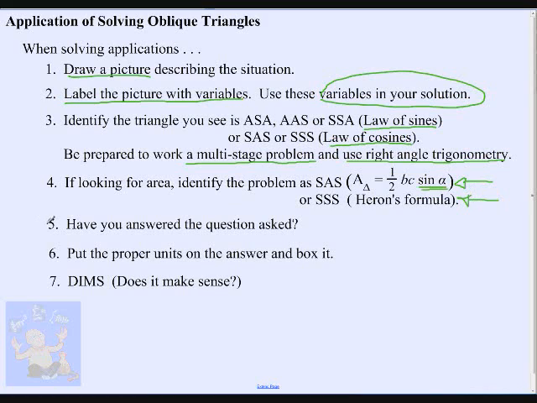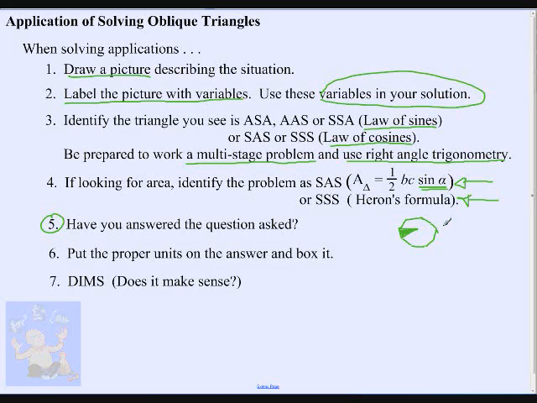Okay, now, after you've done all that, look at what you got and determine whether or not you've answered the question. For example, I remember we were looking at an octagon, and I had found the area of one triangle, and I remember, at least for a moment, thinking, done.